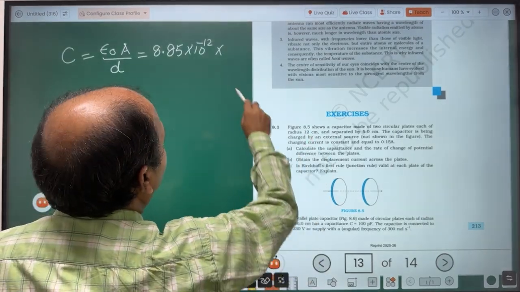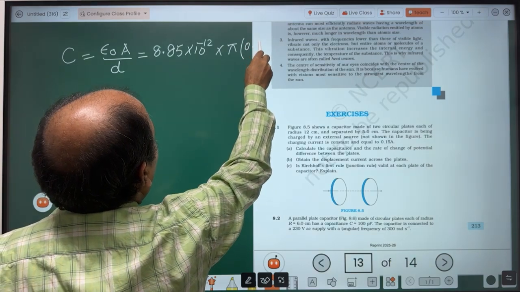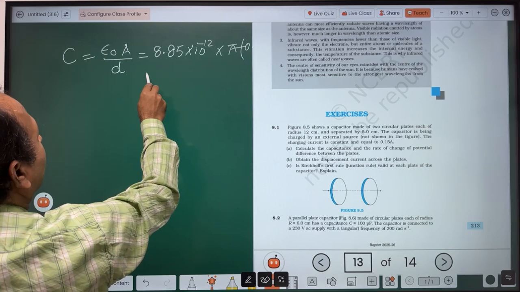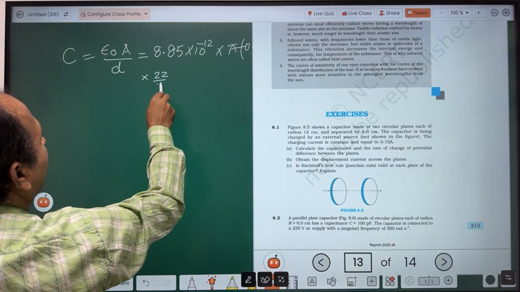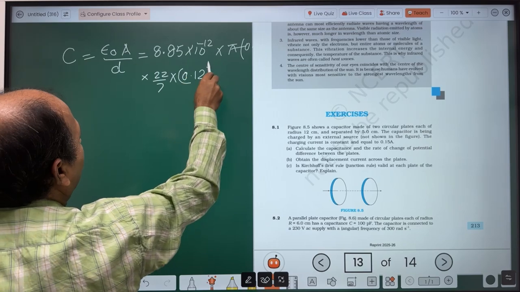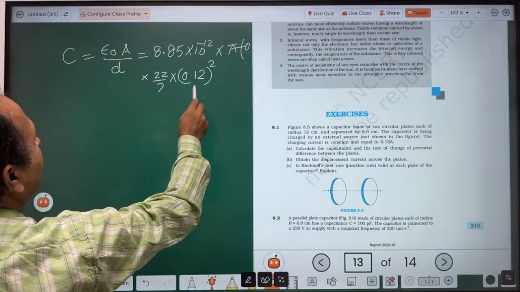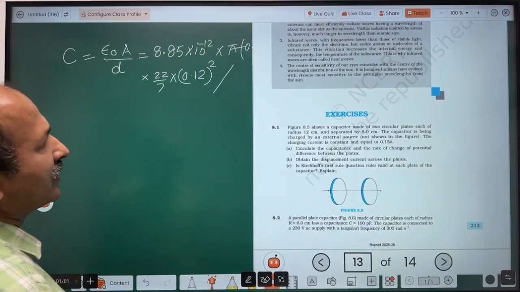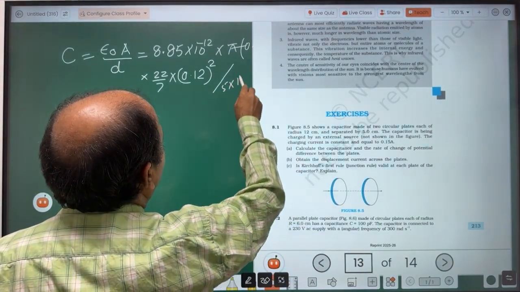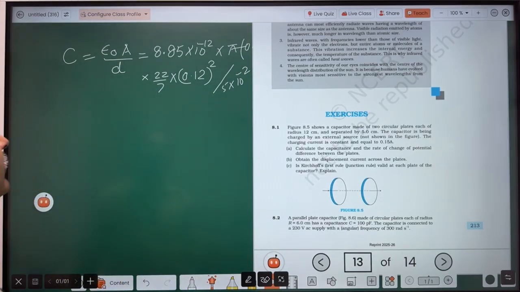Plate area here, radius is 12, so pi into 0.12, so into 22 by 7 into 0.12 whole square, epsilon naught A divided by D. D is plate separation and plate separation is 5 centimeters, so 5 into 10 to the power minus 2.